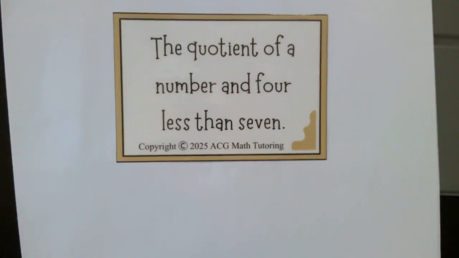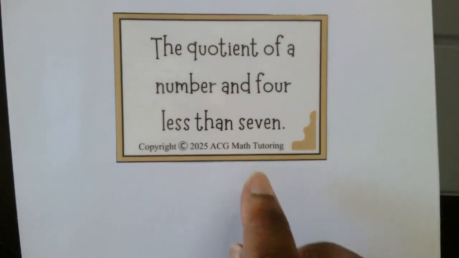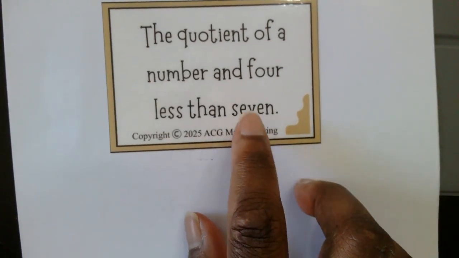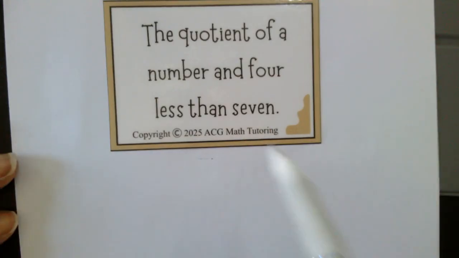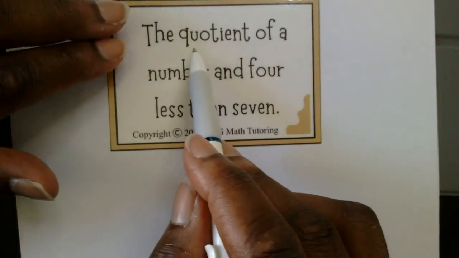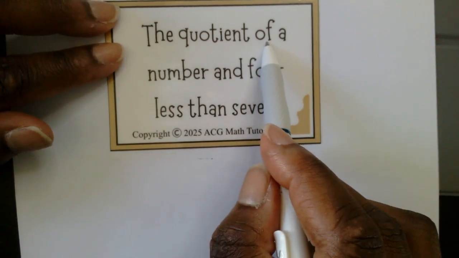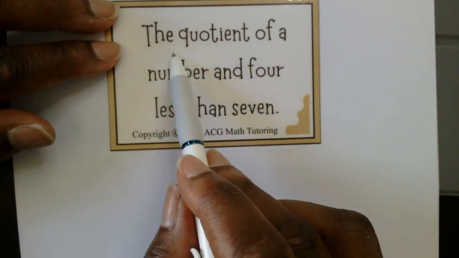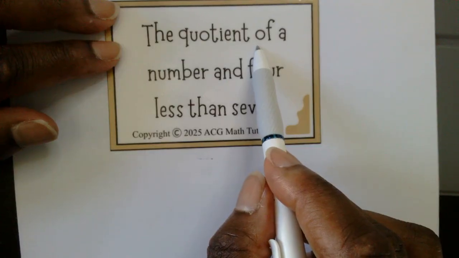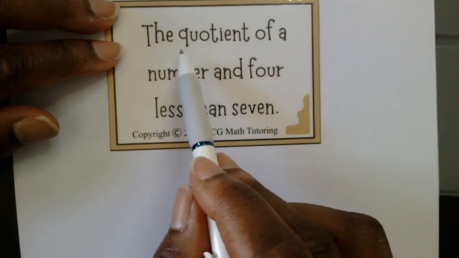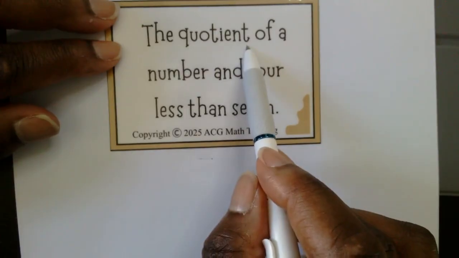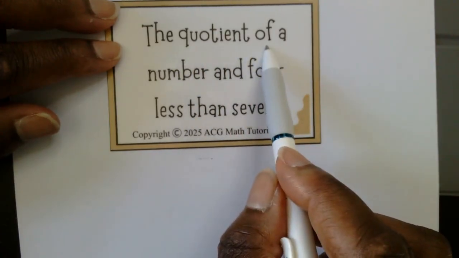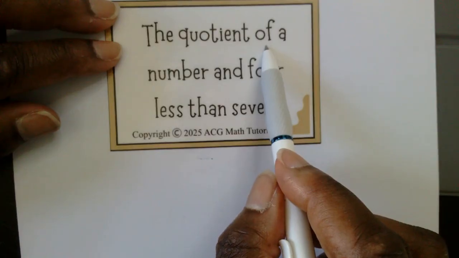Okay, so let's see. We're looking at 2 things, as I mentioned. We have "quotient of." Now that's going to be a verbiage that some people may or may not know. Quotient means division. So we're going to be dividing 2 things. Anytime they say quotient of, that's going to be division.